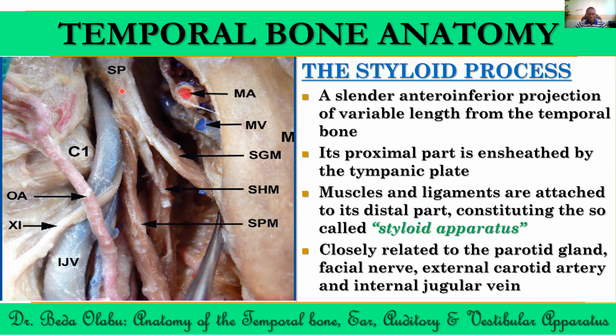It's on the bed of the parotid gland, part of the parotid bed actually. Facial nerve also passes very close to the styloid process. The external carotid artery also passes very close to it. And the internal jugular vein, which you can actually see here, also passes very close to the styloid process. So it's a landmark for a number of things.